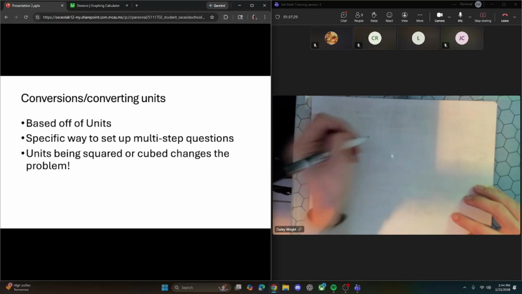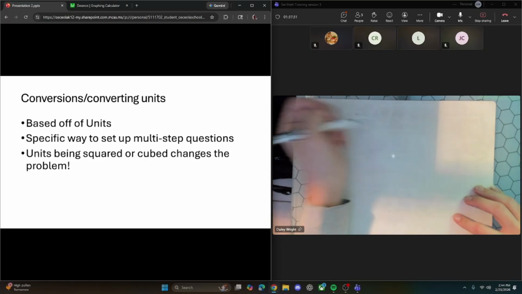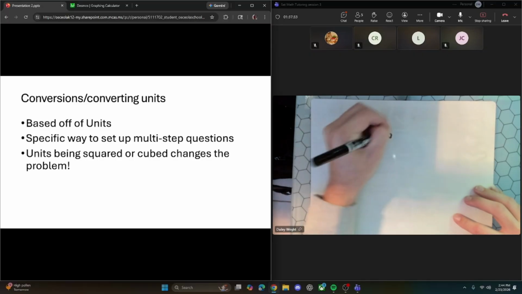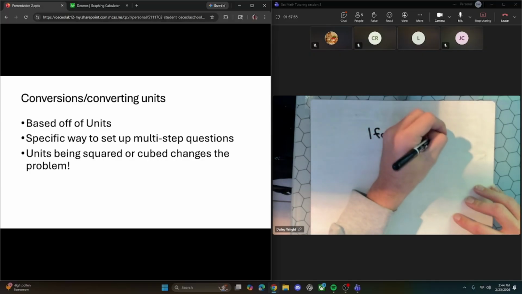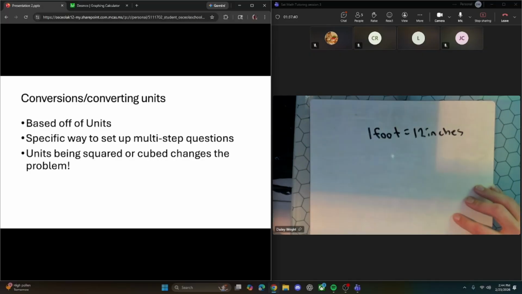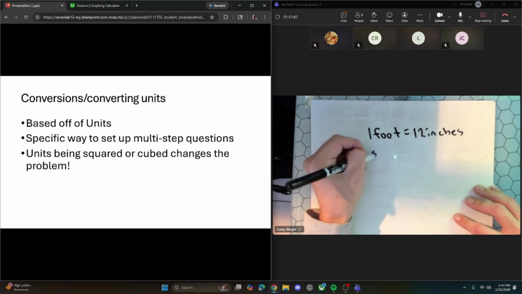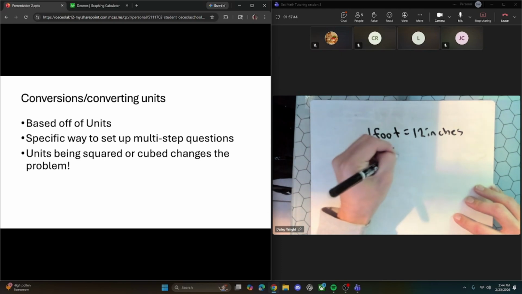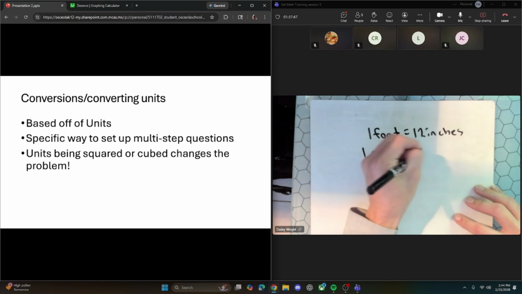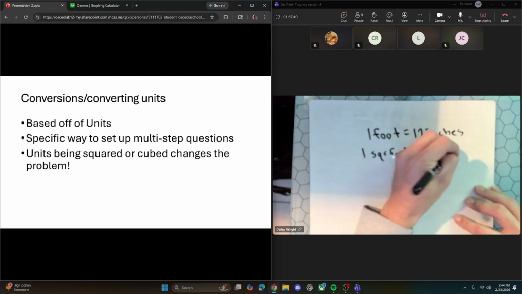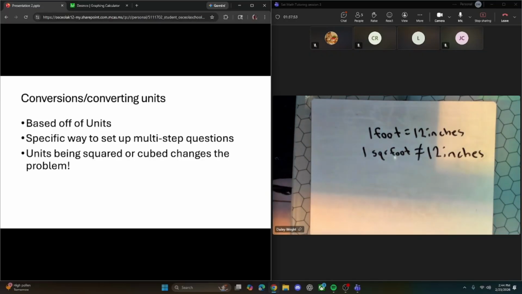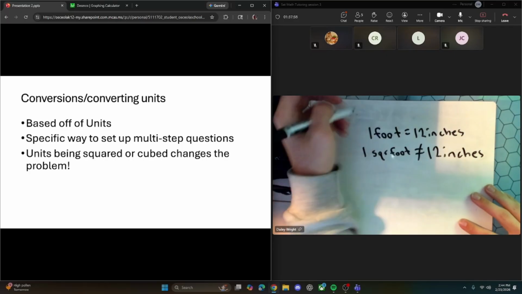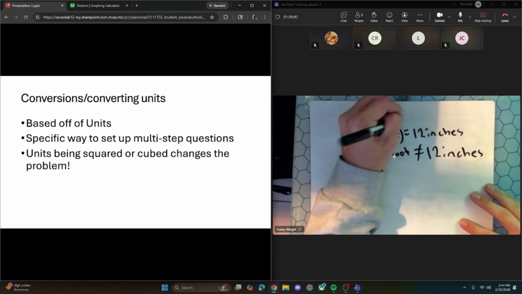Basically, if you have 12 inches in a foot, 1 foot equals 12 inches. 1 square foot does not equal 12 inches. What you want to do to find how many inches a square foot is, is square both sides of the equation.